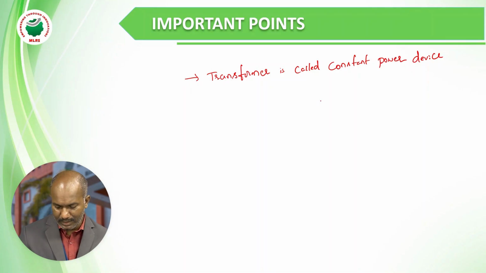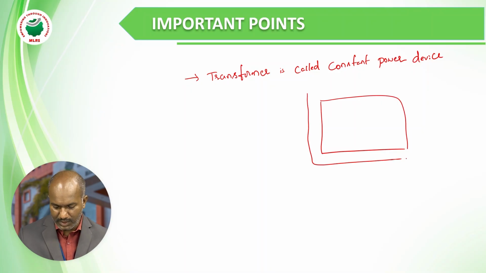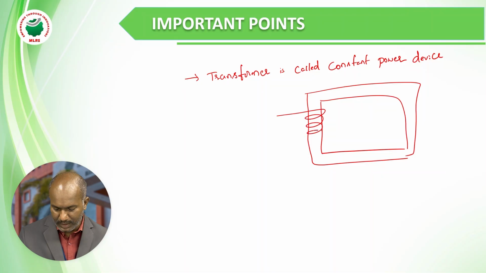Let us suppose this is the core of the transformer. This is the primary winding, generally connected to supply. This is your secondary winding, connected to load.